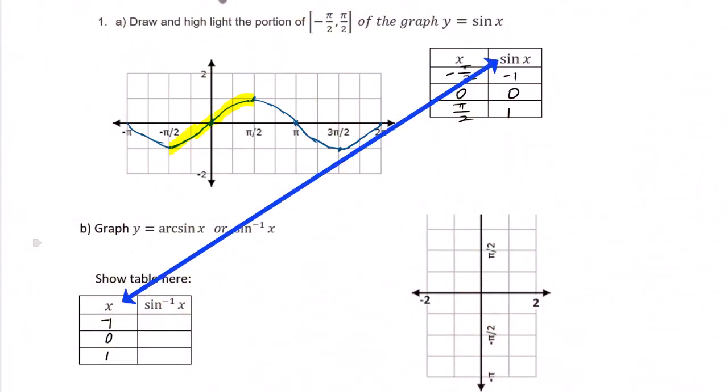The range of y equals sine x is the domain of y equals inverse sine x. Negative 1, negative pi over 2; 0, 0; then 1, pi over 2. Let's sketch the graph like this.